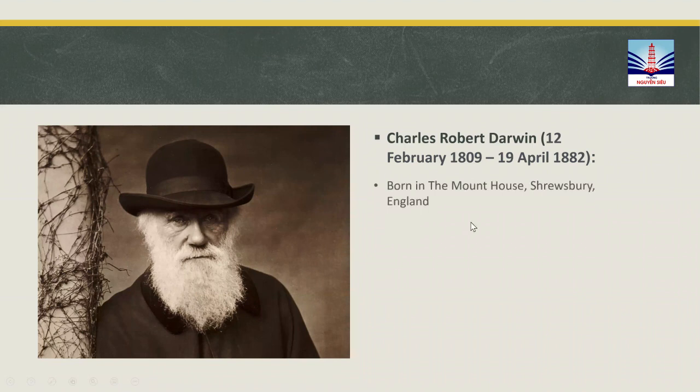He was a geologist, a naturalist, and a biologist, most known for his work in the science of evolution, as our dear friend Bing Bing has shared. In 1859, he released his most famous book, The Origin of Species, in which he called his theory natural selection. Yes, that's it. That is how he is related to this lesson.